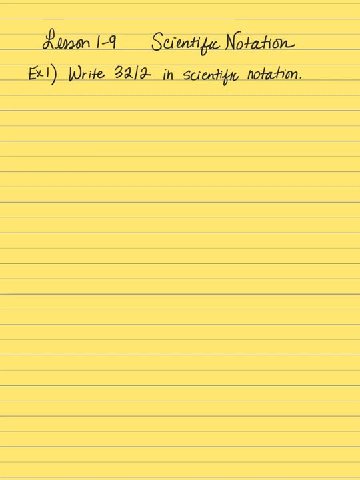And example 1, I've got write 3,212 in scientific notation, which I understand this is not a very large number, but I'm using it just to show you how to do it. To start with, you need to know where the decimal is, and it's at the end of a number if you don't see it. So we always want to start out to write a number in scientific notation.